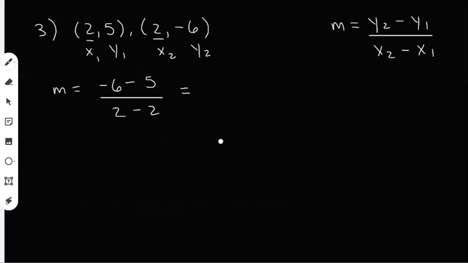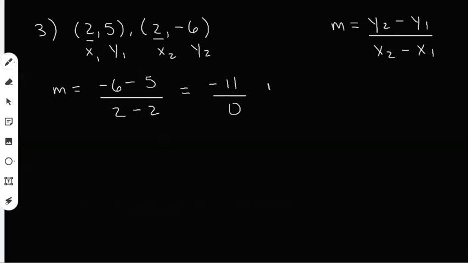So on the top of the fraction, I'm going to get negative 6 minus 5. That's negative 11. But at the bottom of the fraction, I have 2 minus 2. And that's going to be what? 0. Yep. So I'm dividing by 0 for this one.